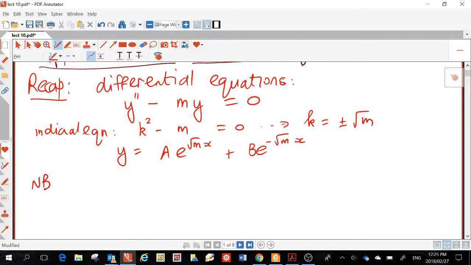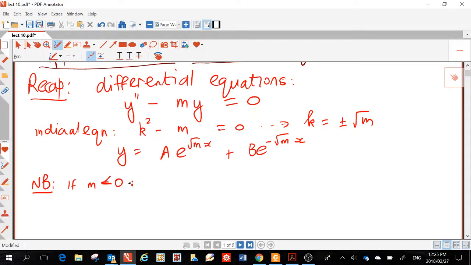Note, however, if m is negative, so you'll have the root of some negative number here, e to the root minus 3 or something. The square root of minus 3, that's where the i appears, isn't that so? Root of minus 3 is root 3 i. So what's another way to express such a solution in that case?